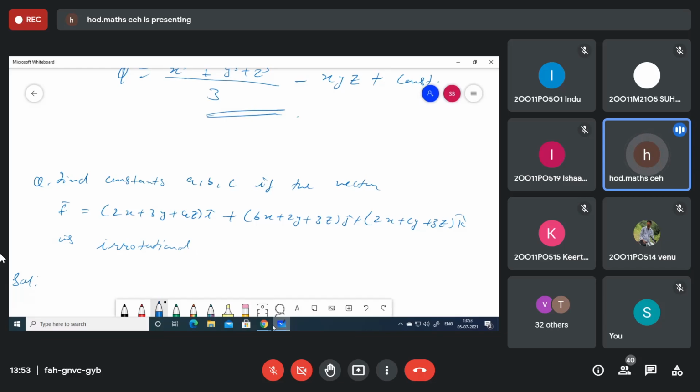Just calculate and tell me what should be your a, b, and c. First, since the vector is irrotational, so curl of f bar will be equal to 0. So calculate curl of f bar.